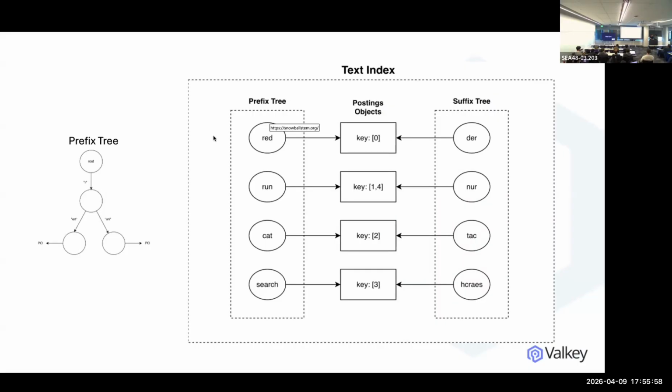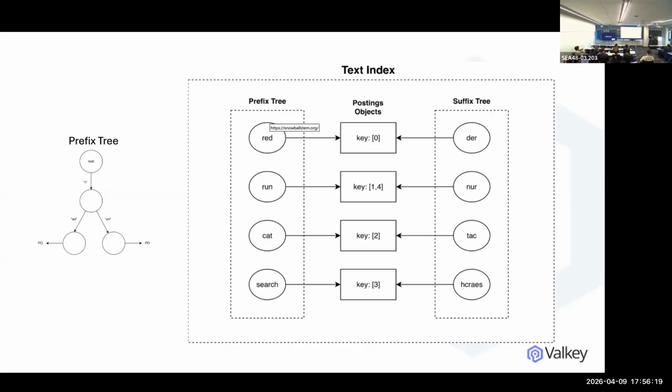Right, so let's see. The prefix tree, we use racks or a modified version of racks essentially. That's going to contain the tokens. I kind of visualize it on the left side here. Part of the reason why I do the prefix tree is you can do a prefix search.